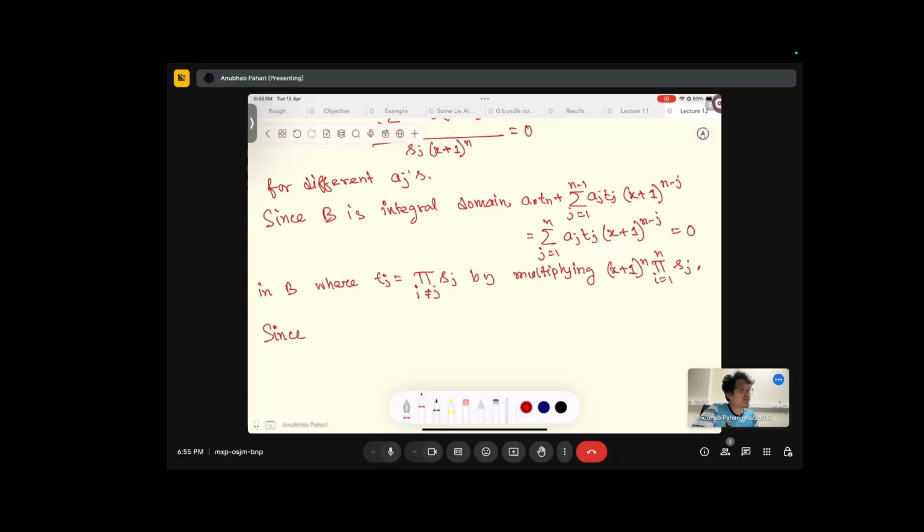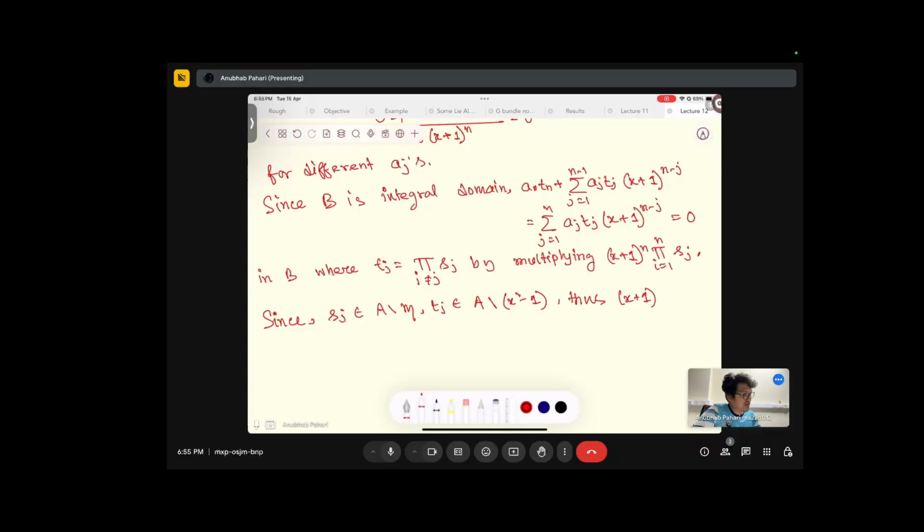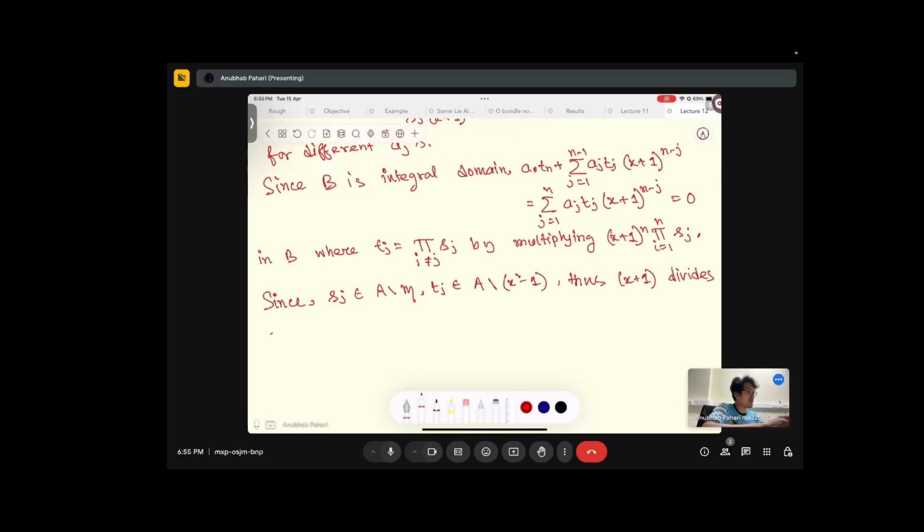Since Sj belongs to A minus m and Tj belongs to A minus x squared minus 1, thus x plus 1 divides the sum j going to 1 to n minus 1 of aj tj times x plus 1 to the power n minus j.